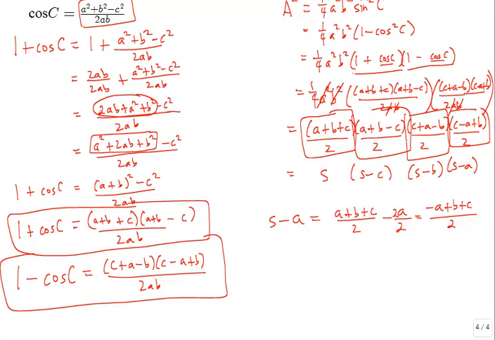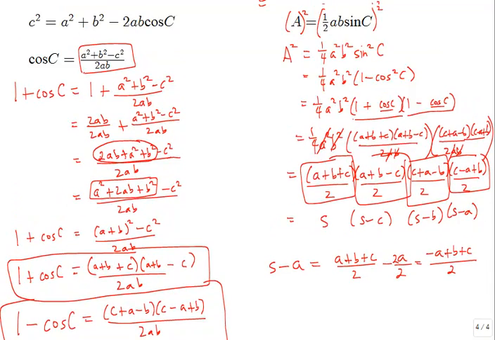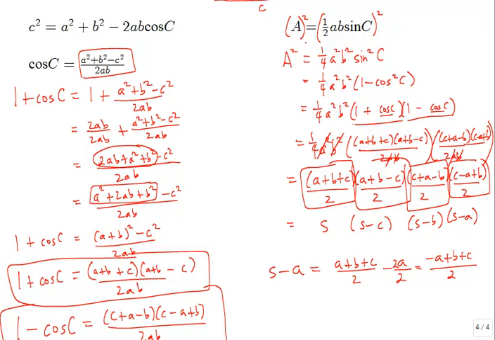So each of these is related to that semi-perimeter S. Now we're almost done. Remember up here what we did at the very beginning? We had to square both sides in order to get that sine squared in there so that we could use some trig identities. So all of this stuff, this S, S minus c, S minus b, and S minus a, was equal to A squared.